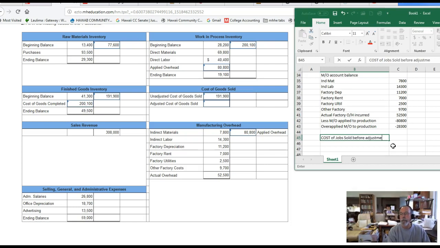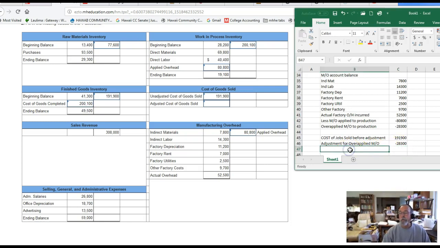before adjustment, and that's 191.9, and then we can show the adjustment for over applied overhead. And again, since the balance in manufacturing overhead is a credit, to adjust it, we would debit manufacturing overhead and we would credit cost of goods or cost of jobs sold. So our adjustment in cost of goods sold is a credit, minus 28.3.